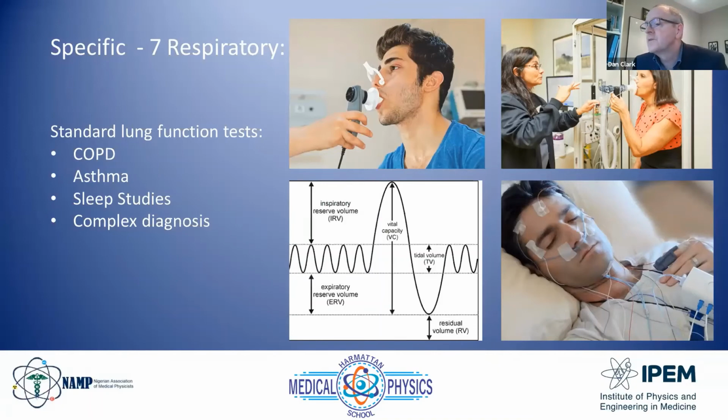Whether that's chronic obstructive pulmonary disease, COPD, diseases caused by smoking or pollution, asthma, or a whole pile of other breathing difficulties that patients will have. And so we want to make measurements on how well the lungs are functioning to try and identify what's going wrong with the lungs and how we might be able to help our patients improve that.